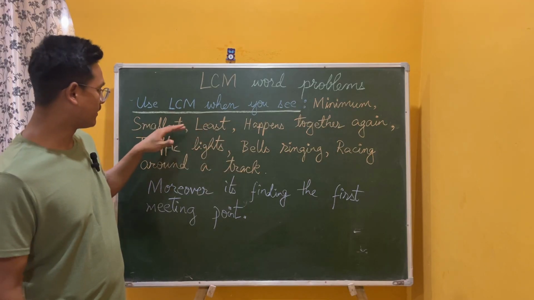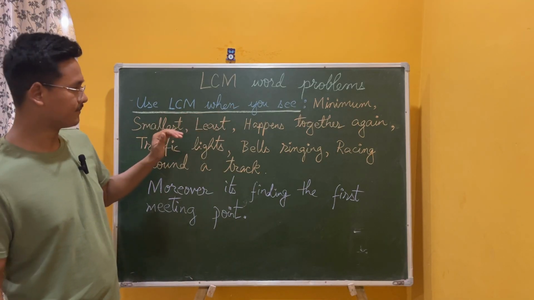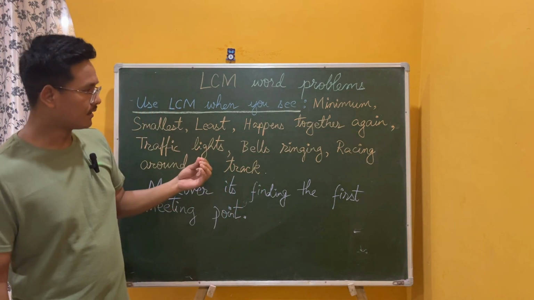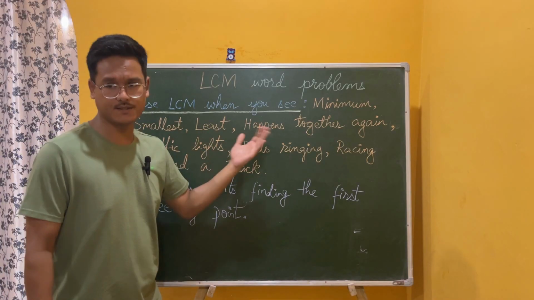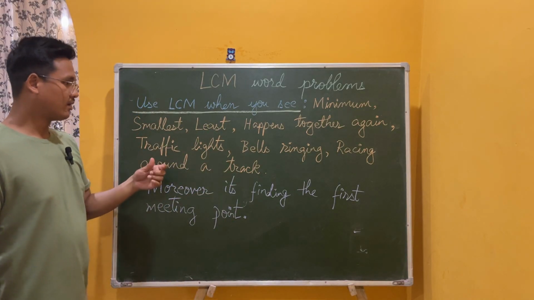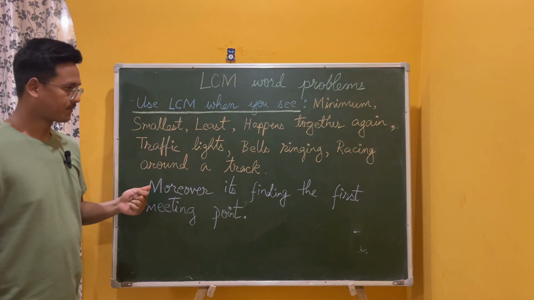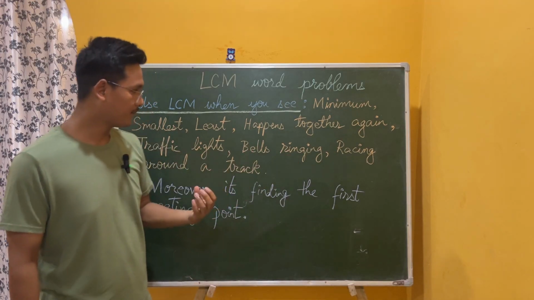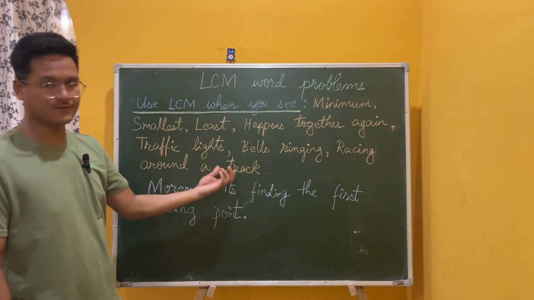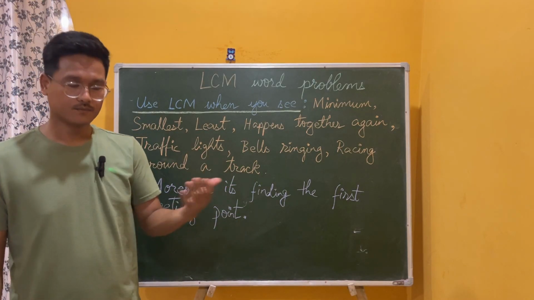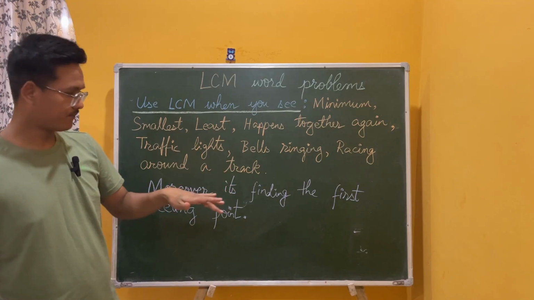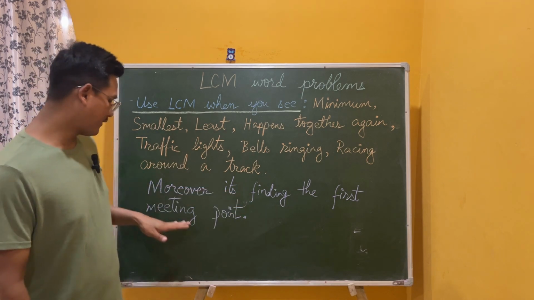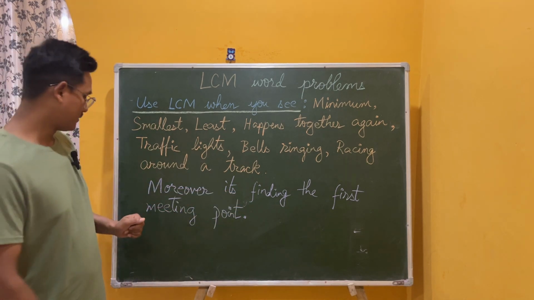When you see these words in the question, or something that happens together again, like which repeats, or traffic light problems, bells ringing, alarms ringing, or racing around a closed track or a circular track. Moreover, it's finding the first meeting point. So this is the key part.